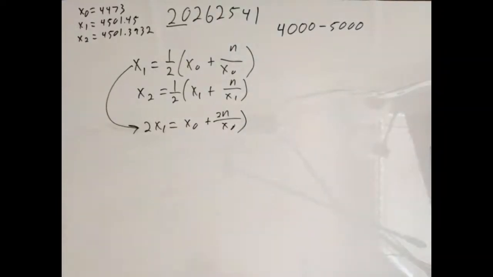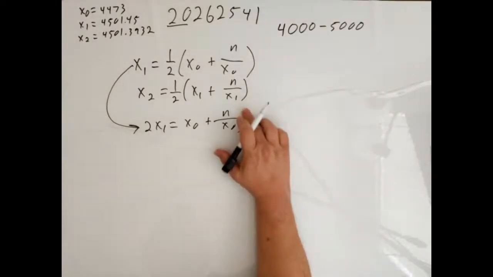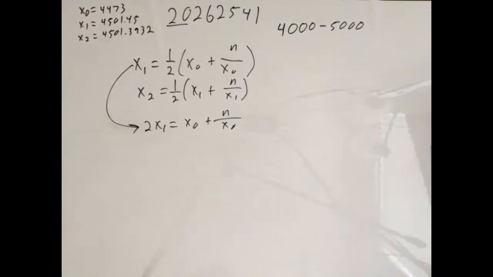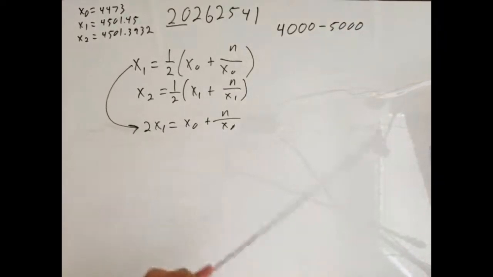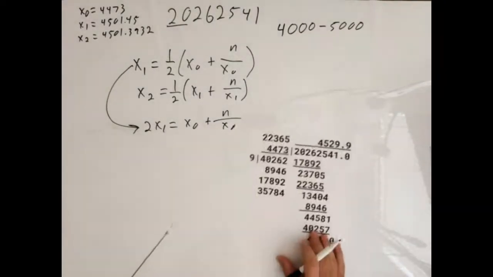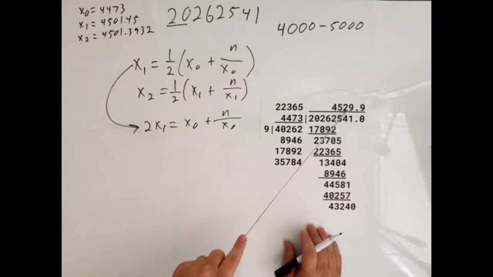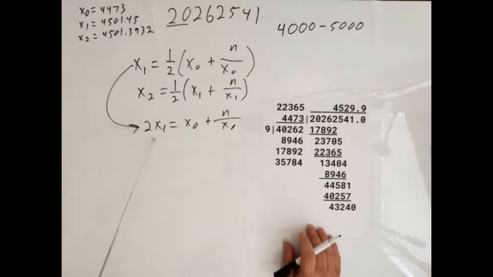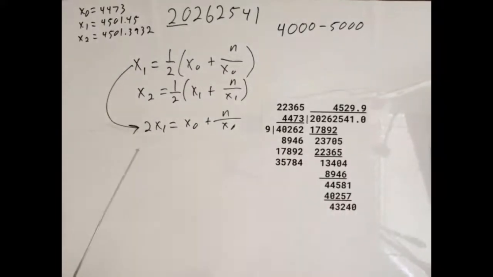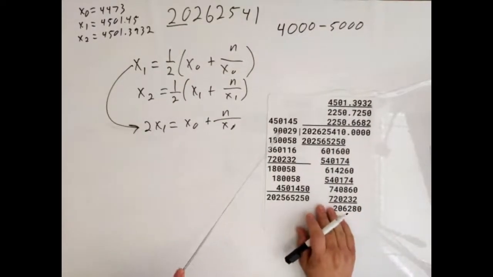The 1/2 goes away. Everything else stays the same. So this is very easy. We take x0, 4473, plus n over x0, which is here. And in the first division, we take x0 plus n over x0, which is this, and we add them together to get 2x1, which is this number here for the second division.